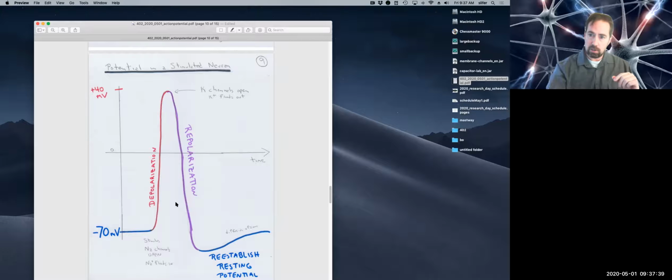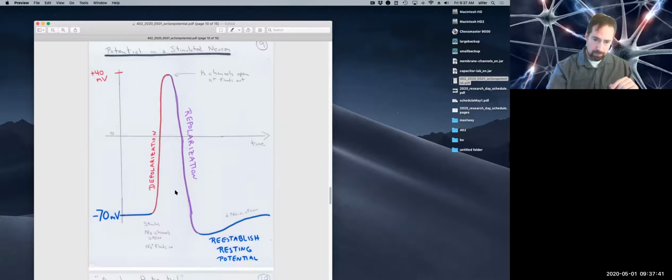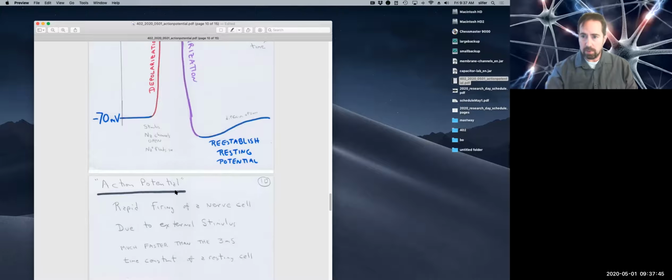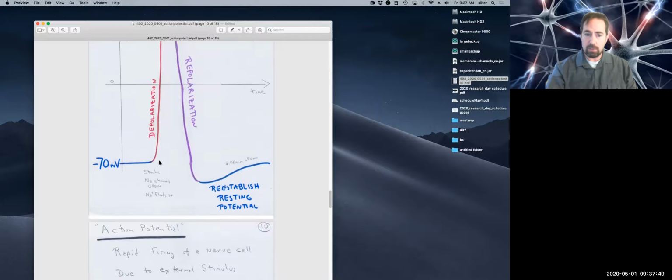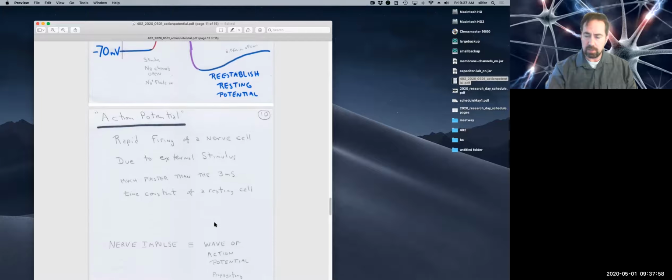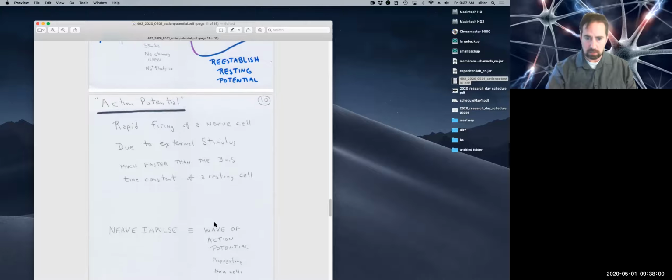But this process here can be done very quickly, right? So what's happening here is we have this rapid reaction of a cell to an external stimulus, a rapid change of the potential across that cell membrane, and then a return to almost where it started very rapidly. And this is much faster than that 3 milliseconds that we were talking about.